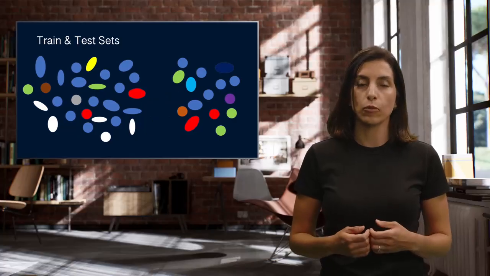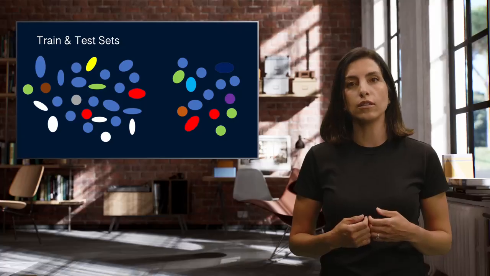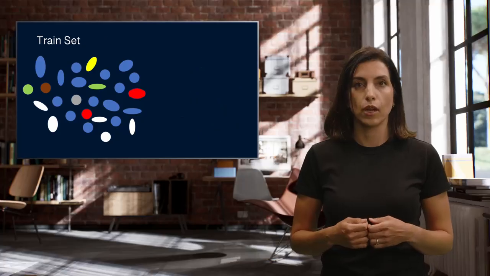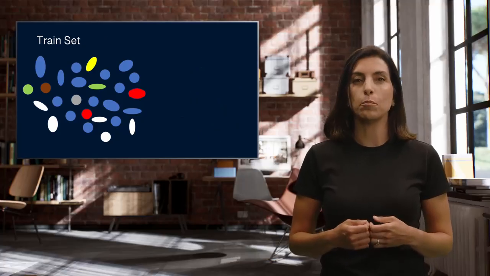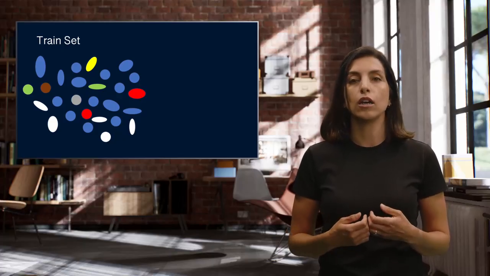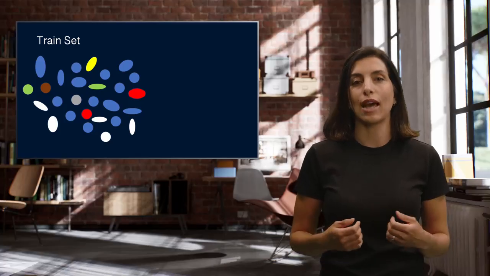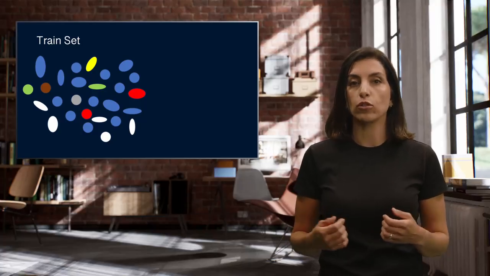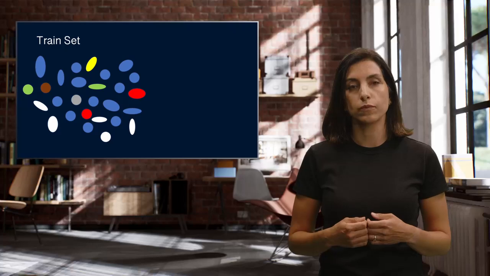In the first step, we randomly divide the dataset into train and test sets. The train set is often the biggest portion, as you would like to use as much data to teach the model about the task. The test set is not shown to the model during the training process.